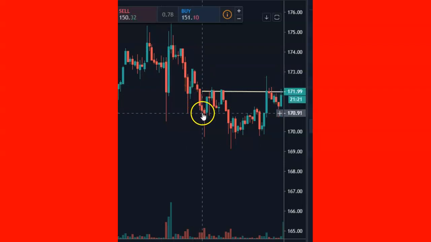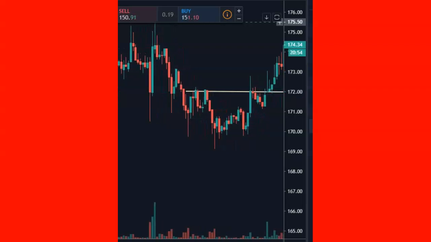Price comes down, hits resistance, forms the shoulder, bounces off, forms the head, hits resistance, bounces off, forms the next shoulder. So we're looking for a place to enter once it breaks past this resistance line here, which makes the neckline for this inverted head and shoulders. So let's go ahead and play this out.